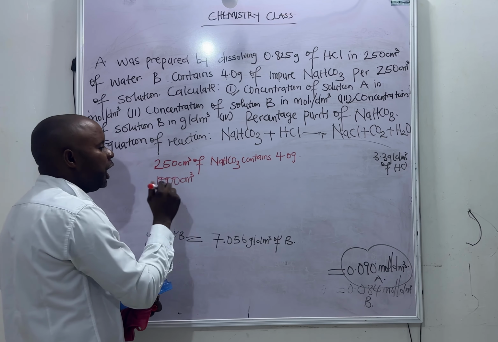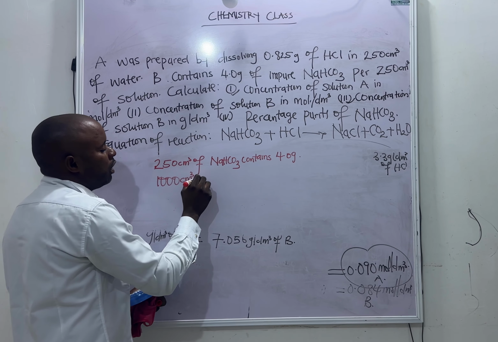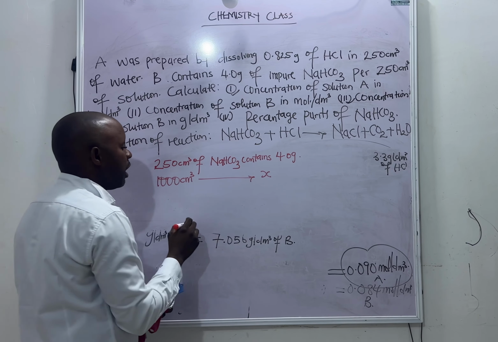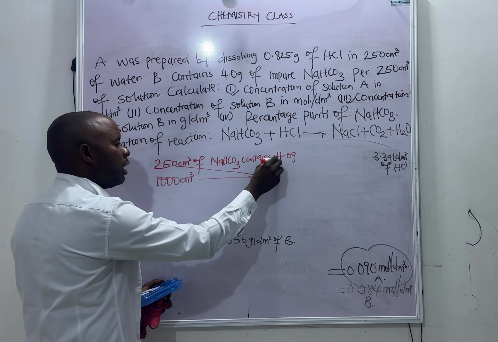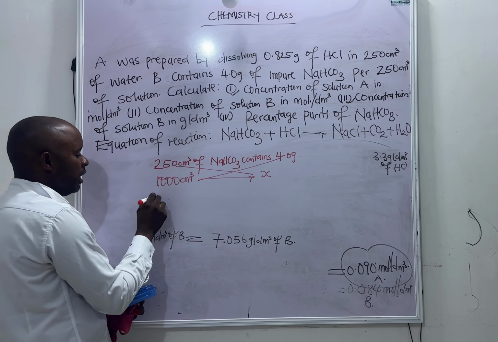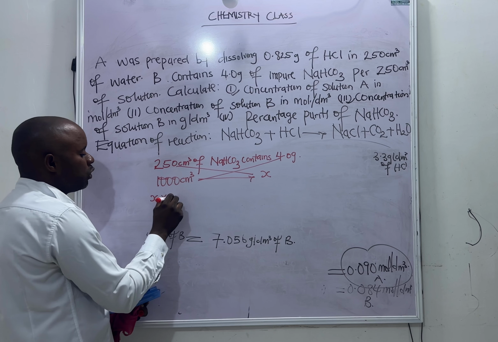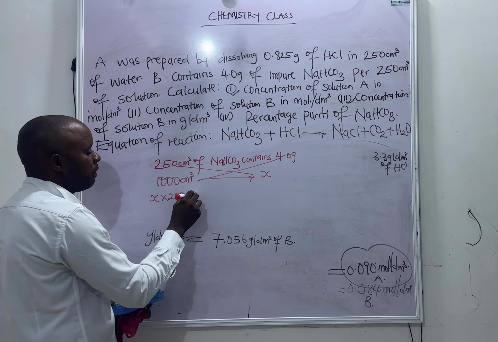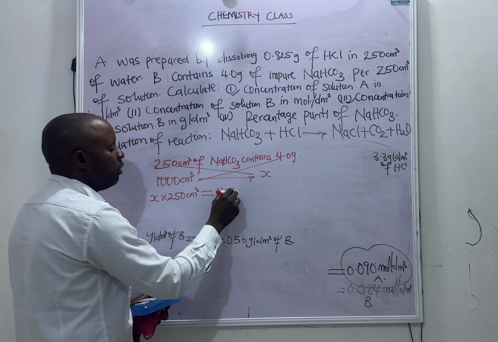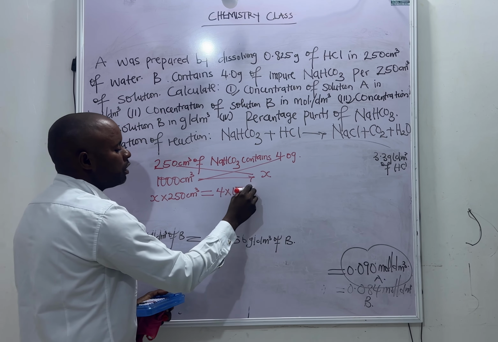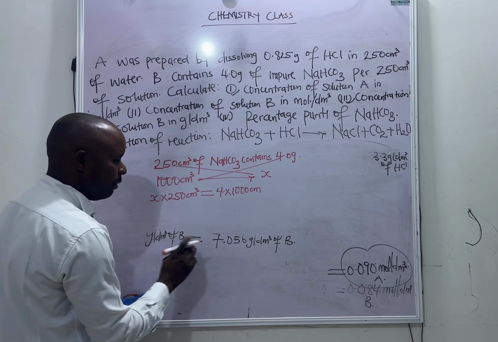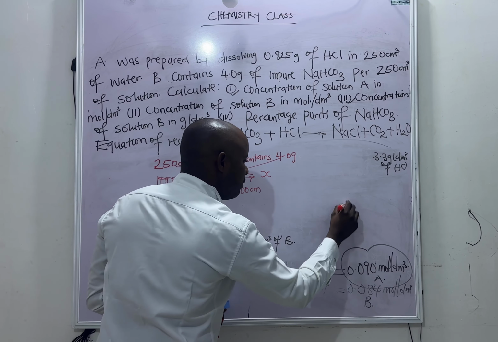We want to know the gram of this impure in one dm cube. That is to say, we have S. When they cross multiply, we say S times 250 cm cube is equal to 4 times 1000 cm cube.